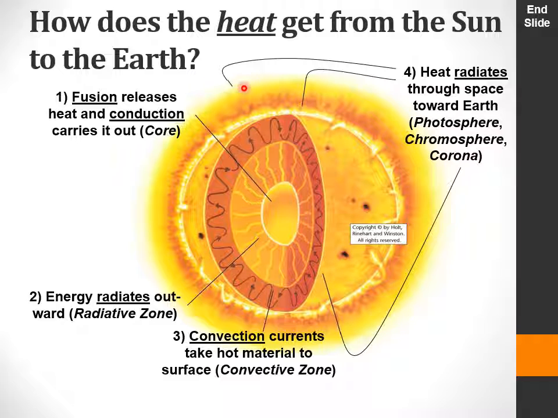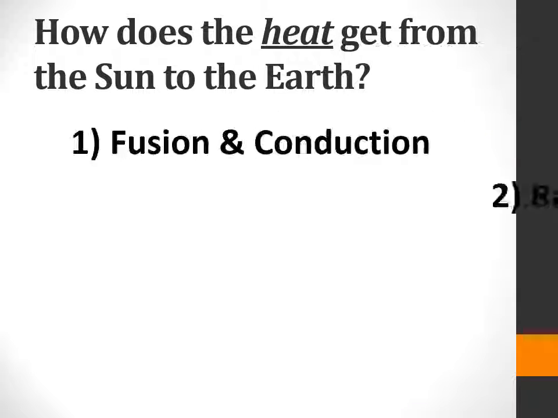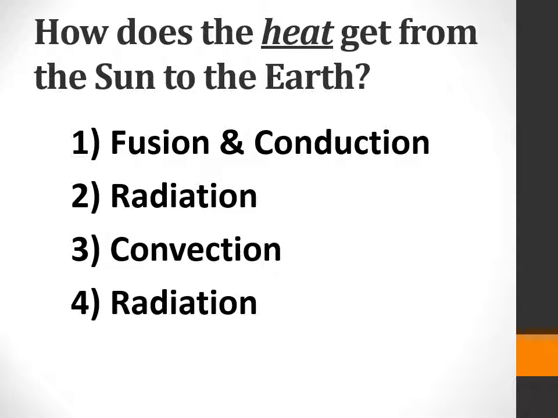And then you have the corona on the outside, and that is where heat transfers from the sun to the earth through the process of radiation. So the entire process is: first you have fusion and conduction in the core, then in the radiative zone you have radiation transferring, then in the convection zone heat transfers up toward the surface by convection, and at the surface you get radiation that comes out toward the earth.